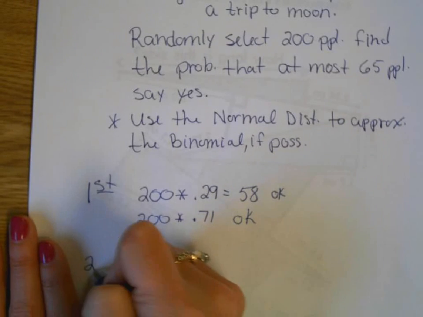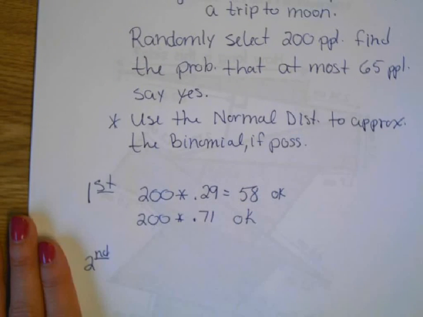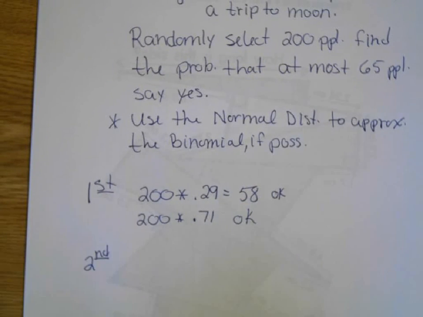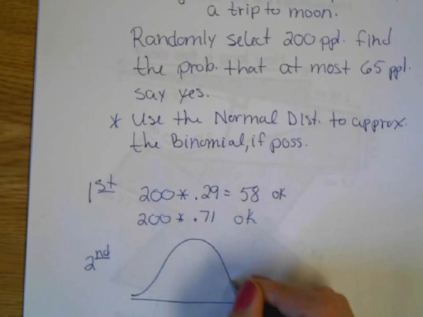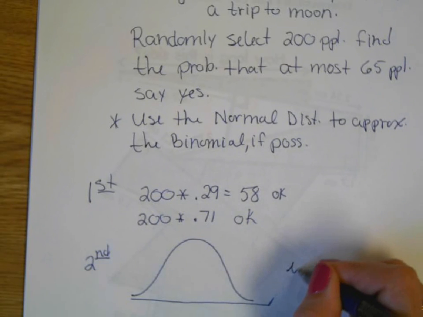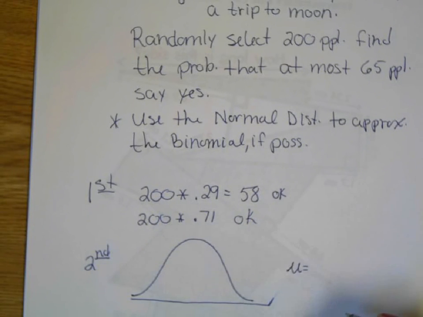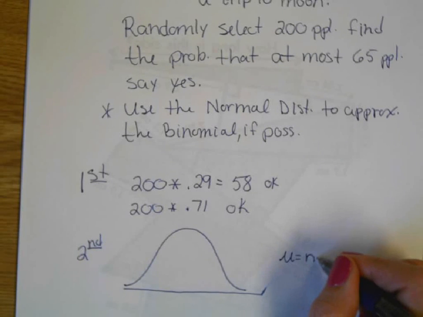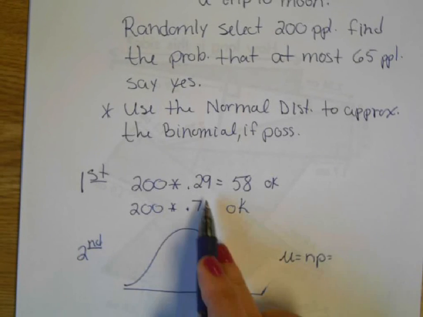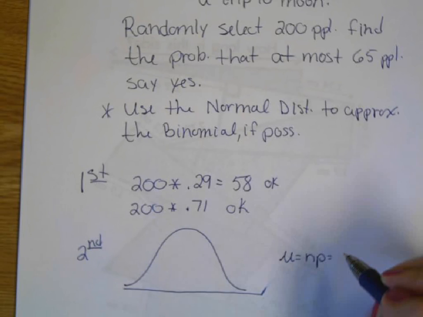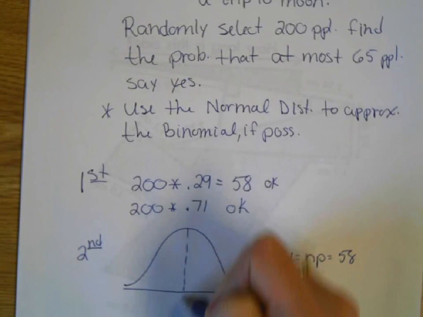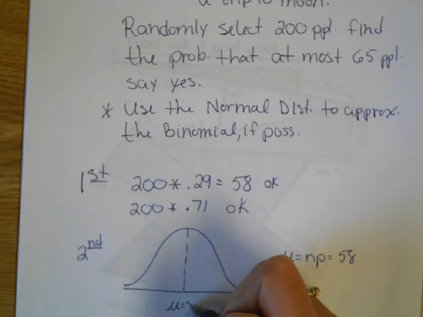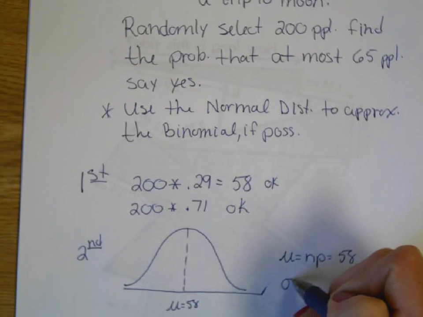So the second step. What was the second step? Find the mean and standard deviation for your graph. And I would actually make the graph because you're going to come back and shade on it anyway. So the mean is n times p. We already did n times p. It was that first check. So our mean is 58. Standard deviation needs to be calculated.